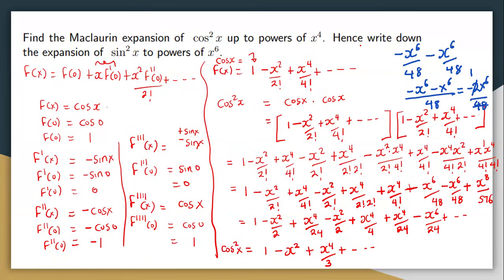Now, the next one told us: hence write down the expansion of sine squared x up to x power 6. Now that is what we are going to find. Whenever they tell you hence, it means they expect you to start from the previous result and continue from there.